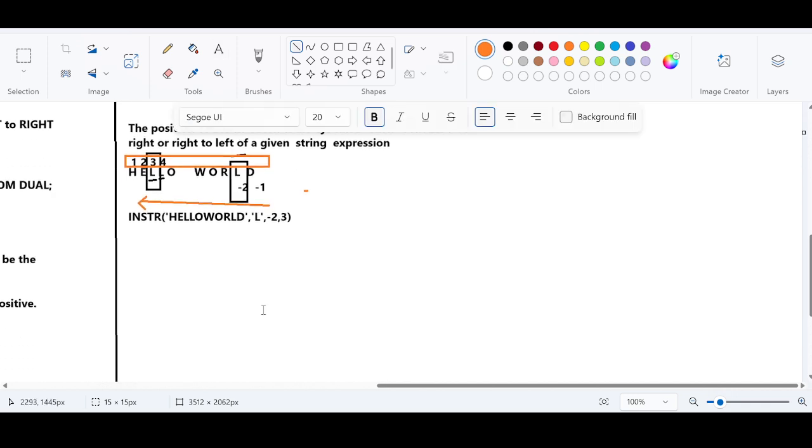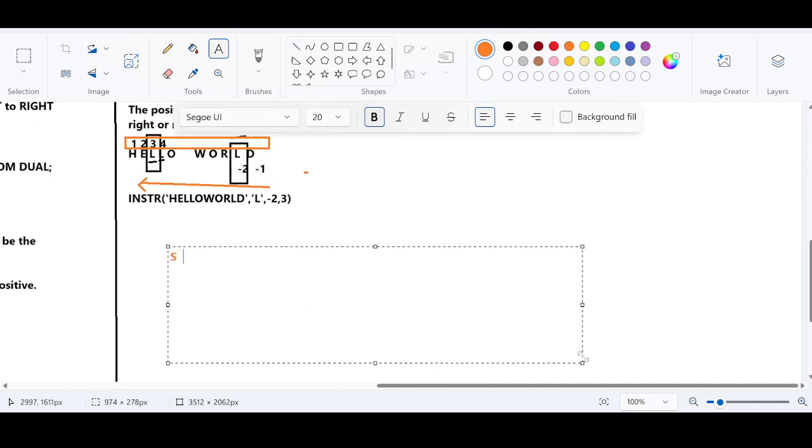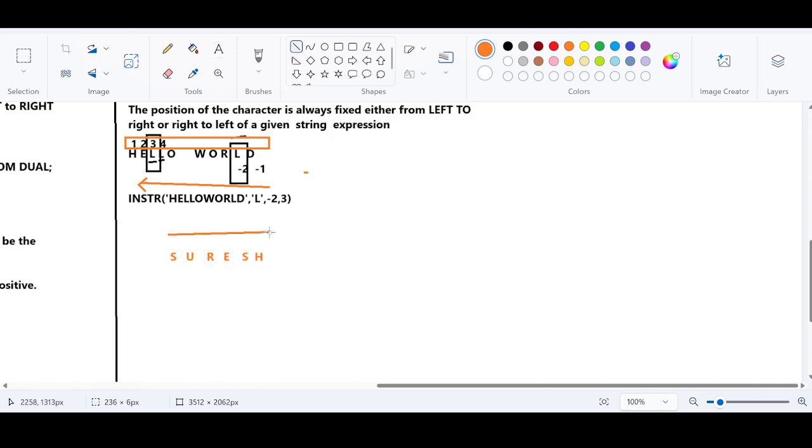For any given string, for example, let me take Suresh. You can go with two directions: left to right for the positive number, and right to left for the negative number.